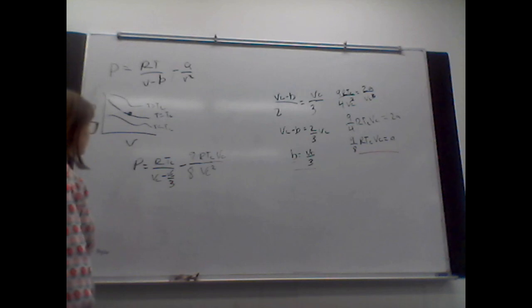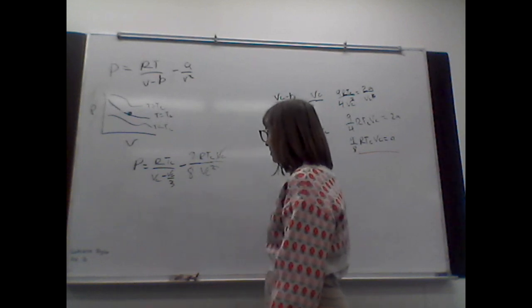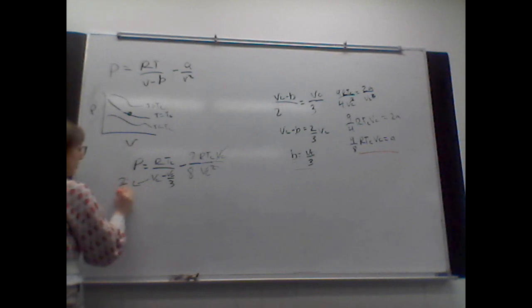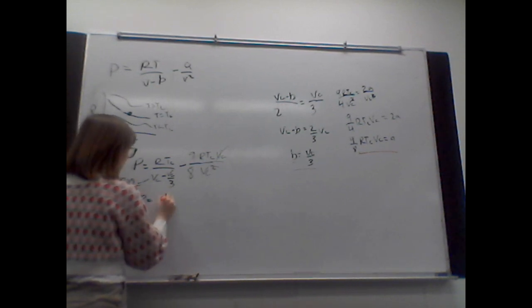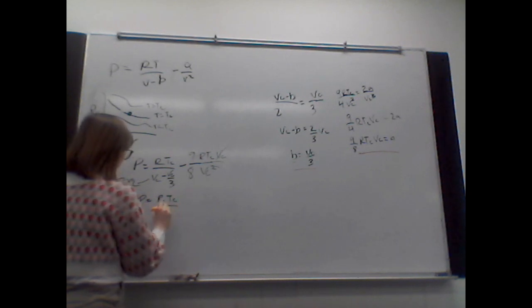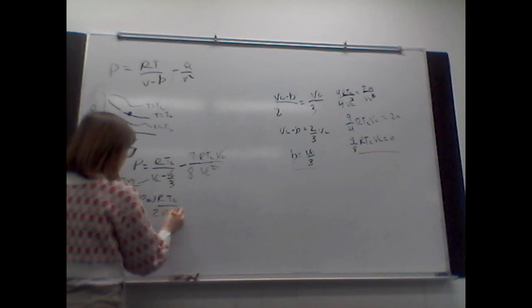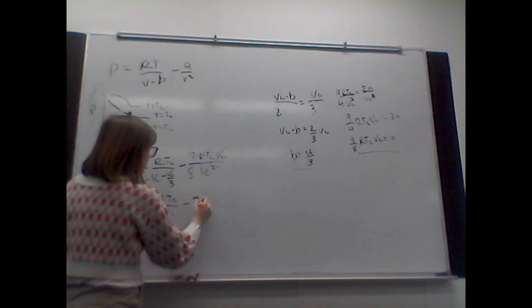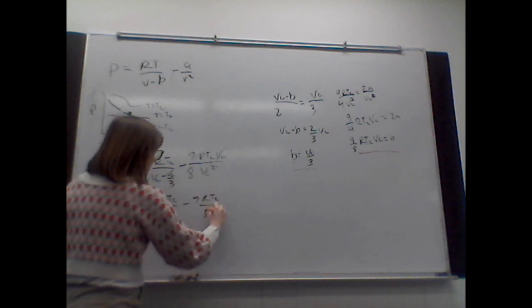Let's get some cancellations out here. So this can be crossed out, this can be crossed out, and then this could be 2 over 3 VC. So P equals RTC over 2/3. The 3 comes up to the top, 2 stays at the bottom, VC. And then we have minus 9 RTC over 8 VC.